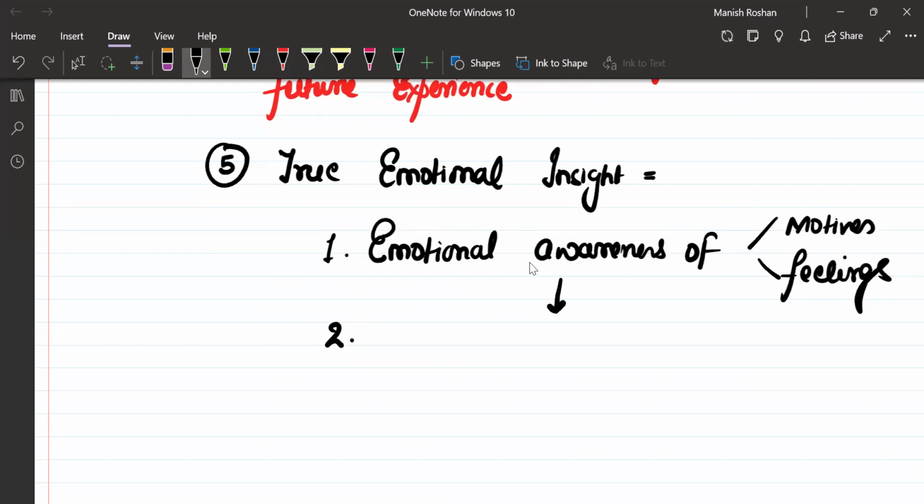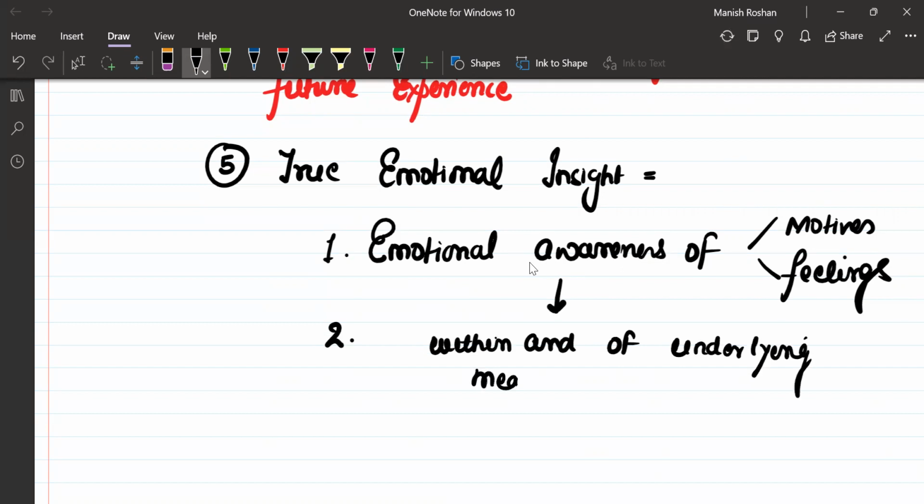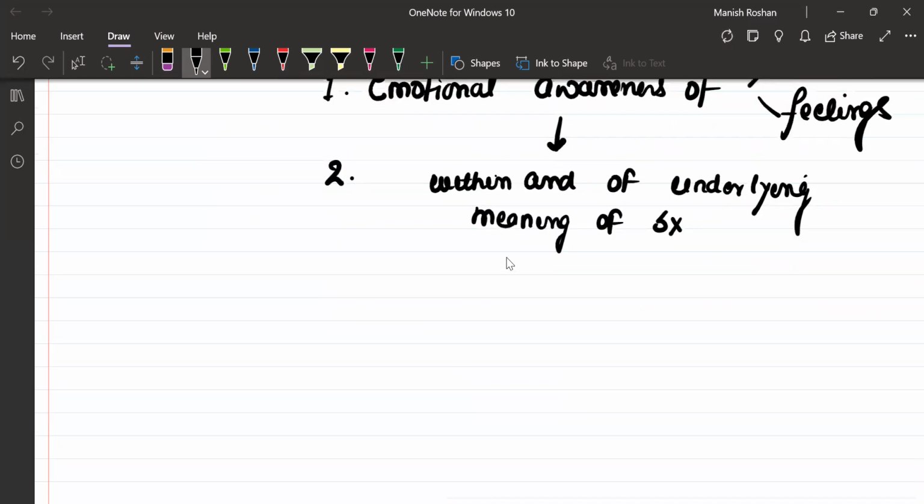And this awareness of motives and feelings is within, and of the underlying meaning of symptoms. So the individual is having awareness regarding whatever motives and feelings were there with respect to the set of symptoms that he was having; he is well aware of that.